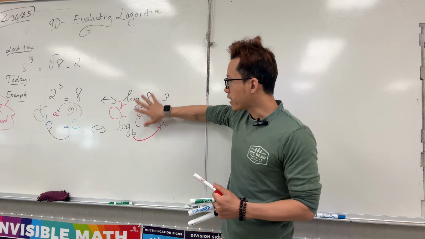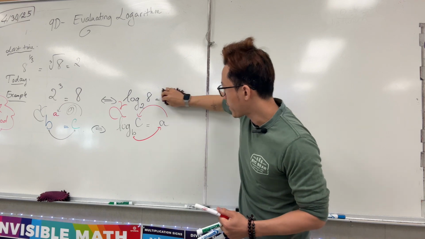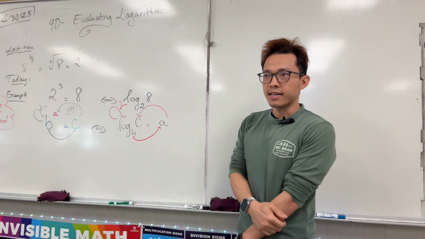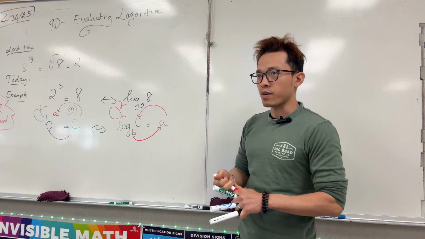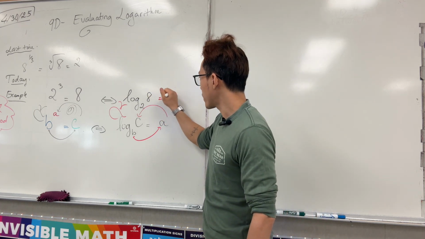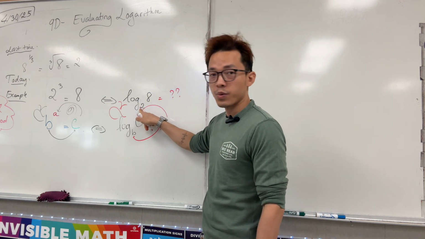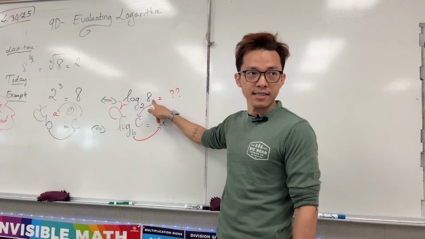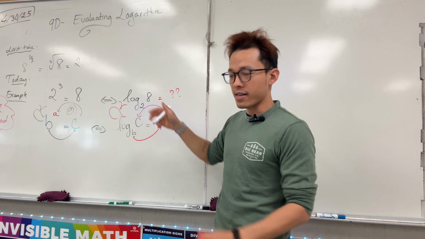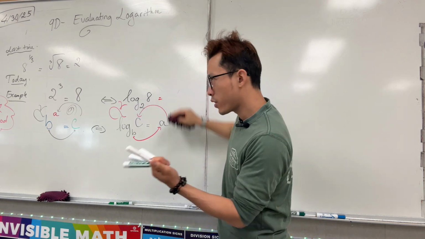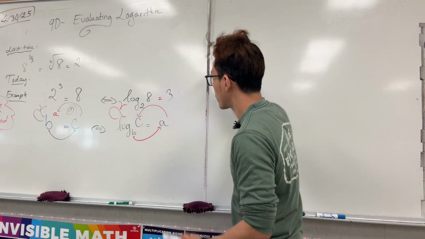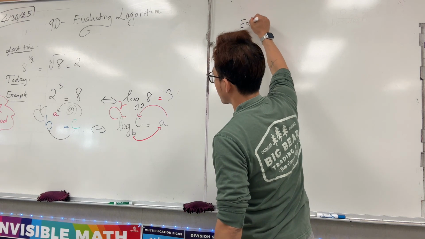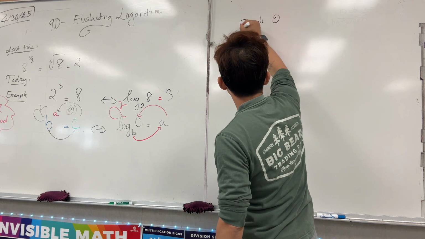For example, if I don't give you this number 3, this is the question you should ask yourself. If I ask you what is this, you ask yourself, 2 to what power is 8? That's what you should ask. But we're gonna do the power and we're gonna do examples. So don't worry. Let's do example 1.